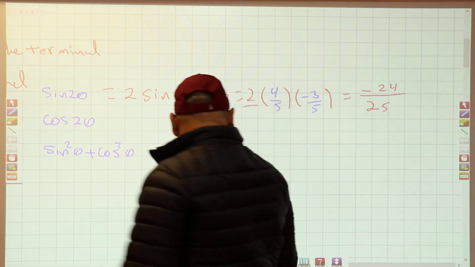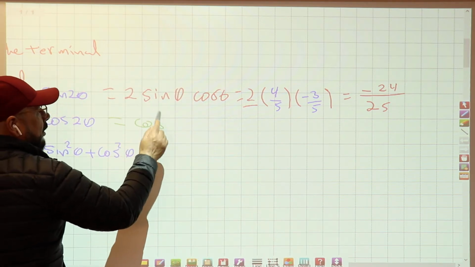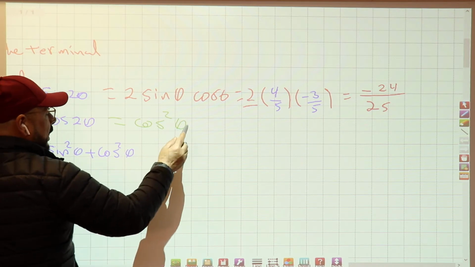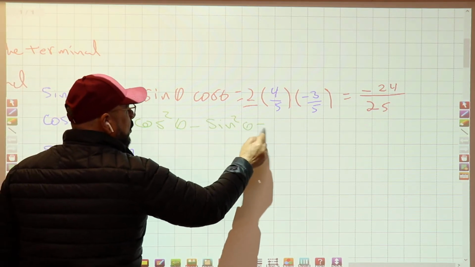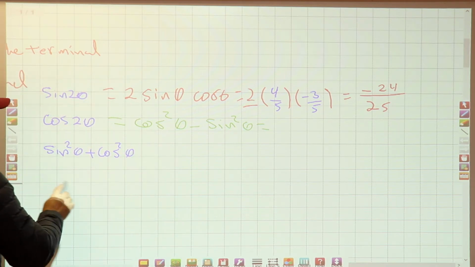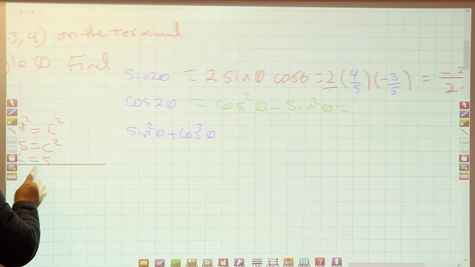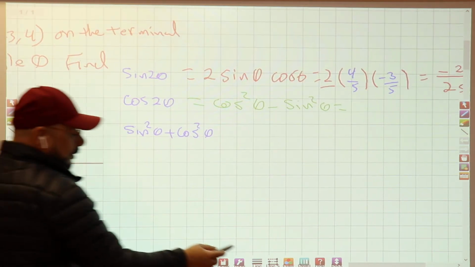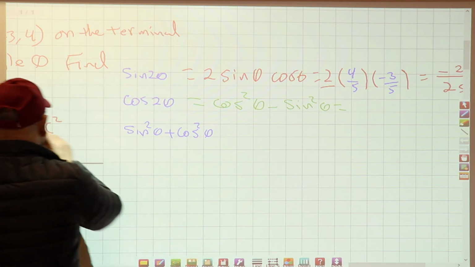Cosine 2 theta. What is cosine 2 theta? Cosine squared theta minus sine squared theta. Cosine theta is negative 3 over 5, right? Let me just move this a little bit down.